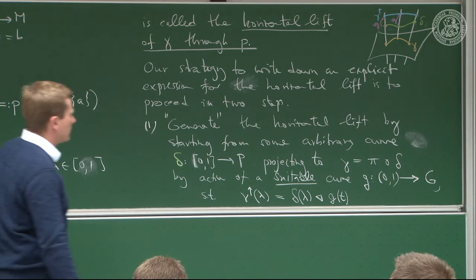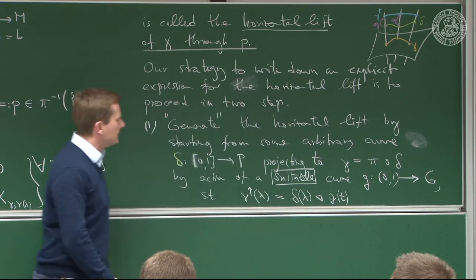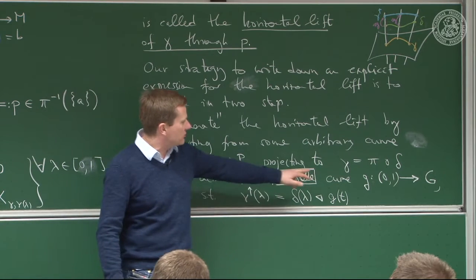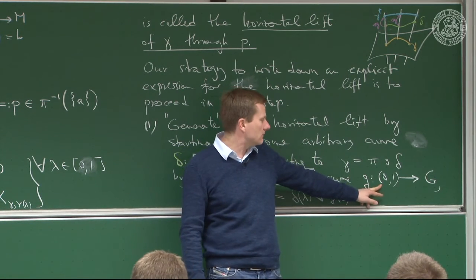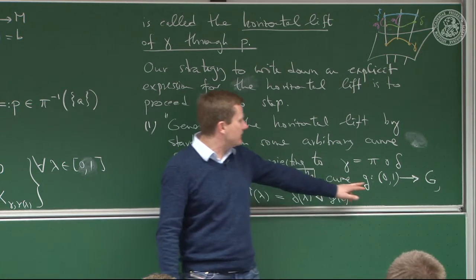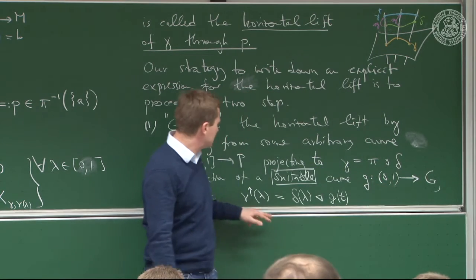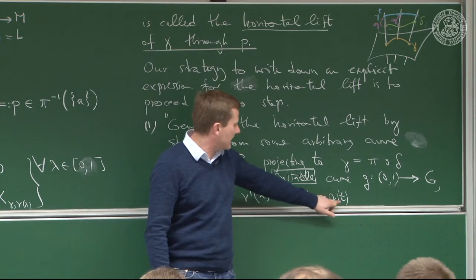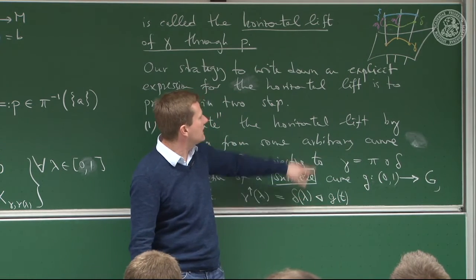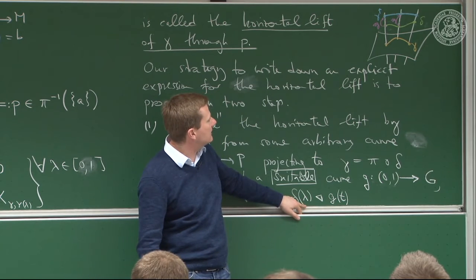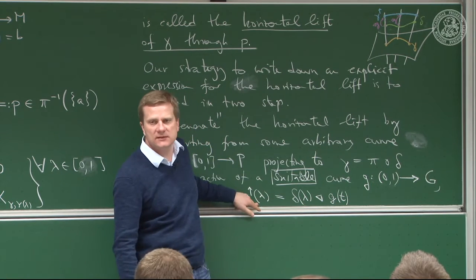By a suitable curve. And in fact, we will write down an ODE, an ordinary differential equation for this curve in the group manifold. And if that ordinary differential equation is satisfied, it will be guaranteed that acting with this curve in the group on the arbitrary delta curve in the principal bundle will get the horizontal lift of gamma.